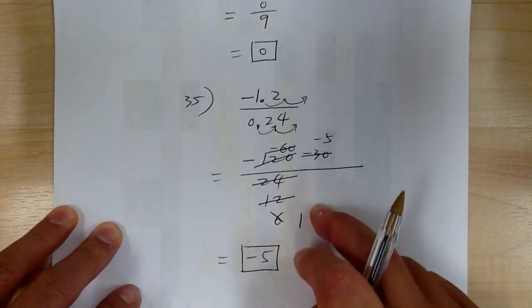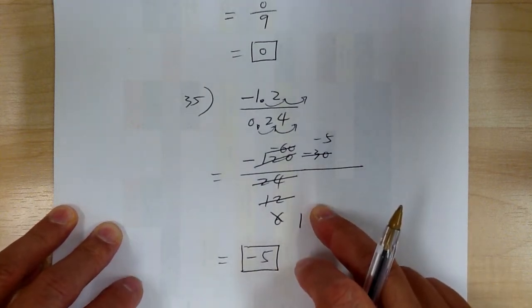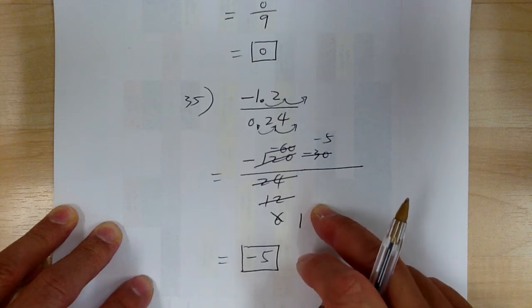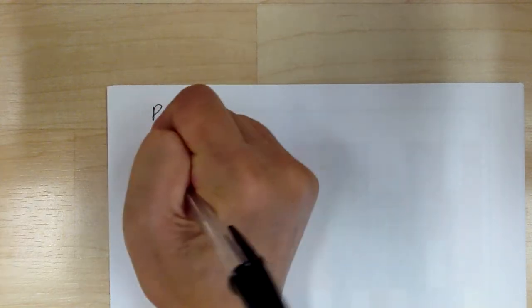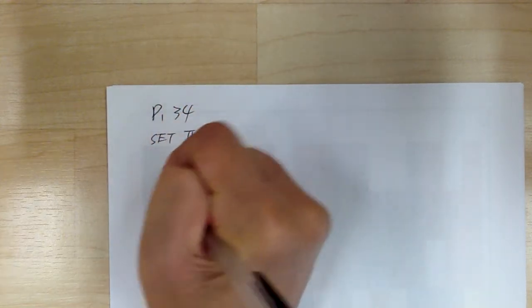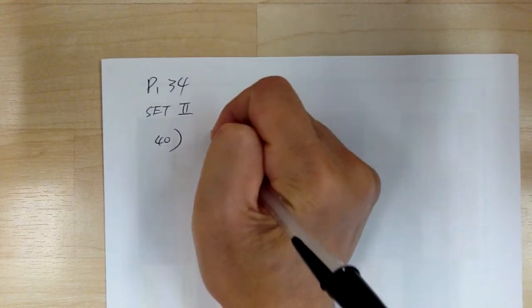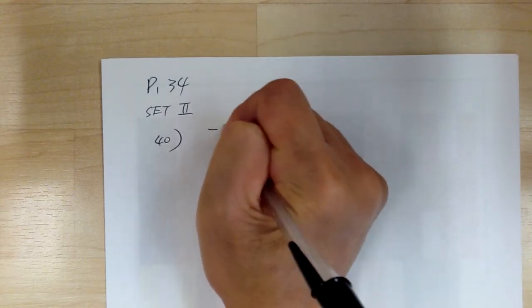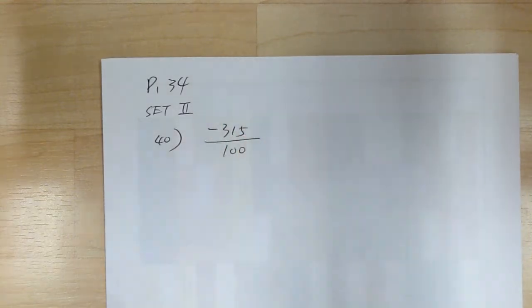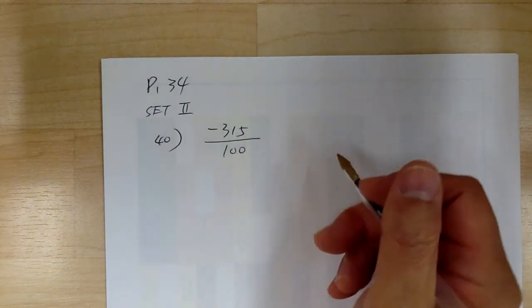Now sometimes you cannot reduce exactly, like number 40, but whatever you get is whatever you get, right? So let's go to number 40. Okay, number 40, you have -315 divided by 100. Now if you use decimal, it's very obvious, right?